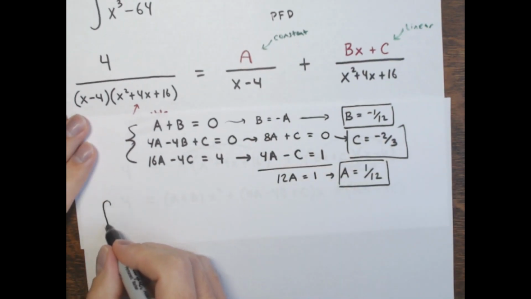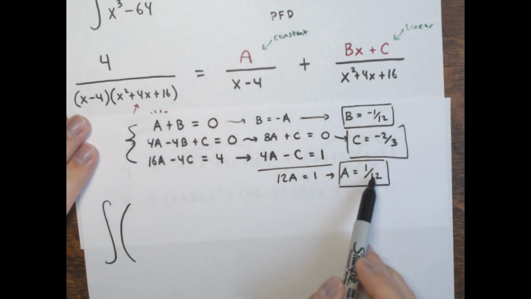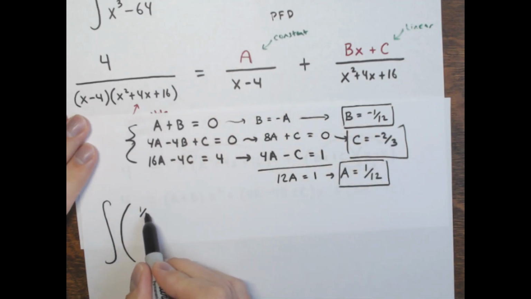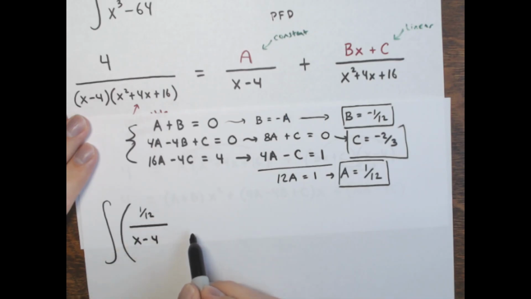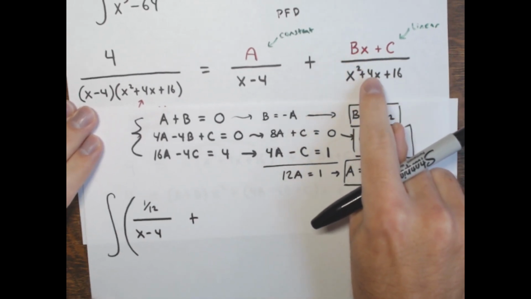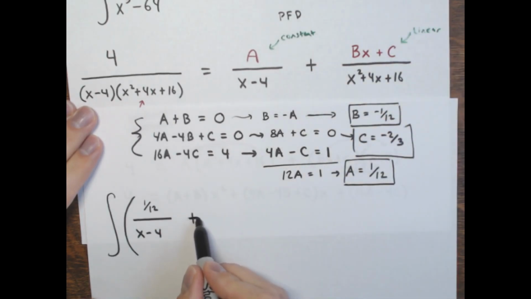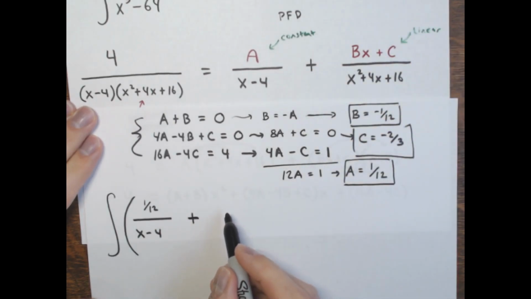Right, so we got now the integral of A over x minus 4. So A was 1/12, right? 1/12 over x minus 4, plus, and like I said, I'm going to split this up to the linear term over the quadratic plus the constant term over the quadratic. All right, the linear term, Bx.